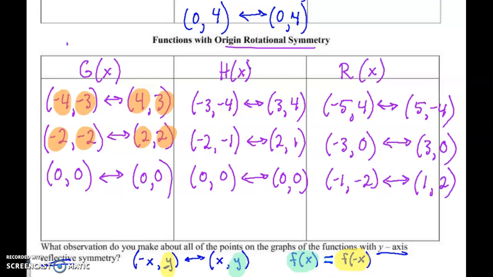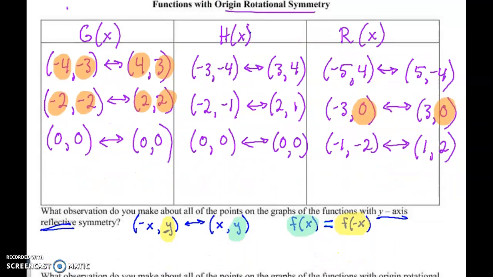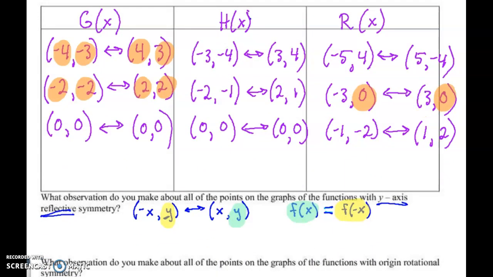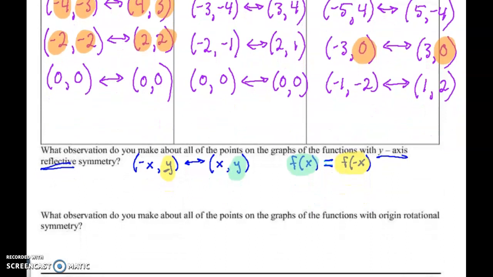Now, I do want to point out, because some students will get this confused when they look at the zeros not changing signs. Well, 0 is not technically positive or negative. So if anybody's stopping there and saying, oh, that breaks our rule, well, no, it doesn't, because 0 isn't positive or negative. So what's the mapping that we're looking at? Again, I apologize, I sort of wrote this one backwards.